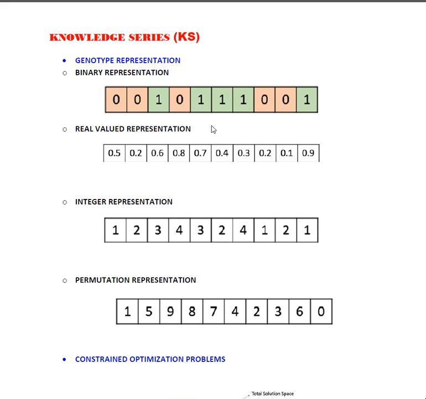Now, why do we go for a genotype? One of the important decisions for implementing a genetic algorithm is how to represent our solutions. To represent these solutions, we have to properly map our problem to the phenotype and the genotype space. That is very important.